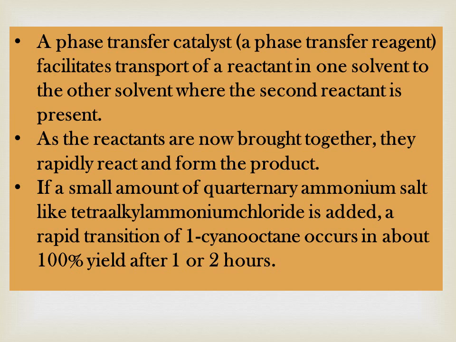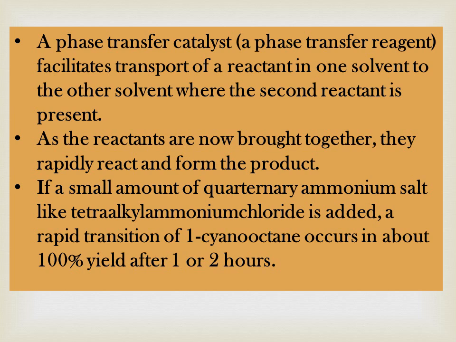The phase transfer reagent will take one of the reactants and transmit it through to the other phase, that means the organic phase. So that is facilitated only by the phase transfer catalyst. As the reactants are now brought together, they rapidly react and form the product.